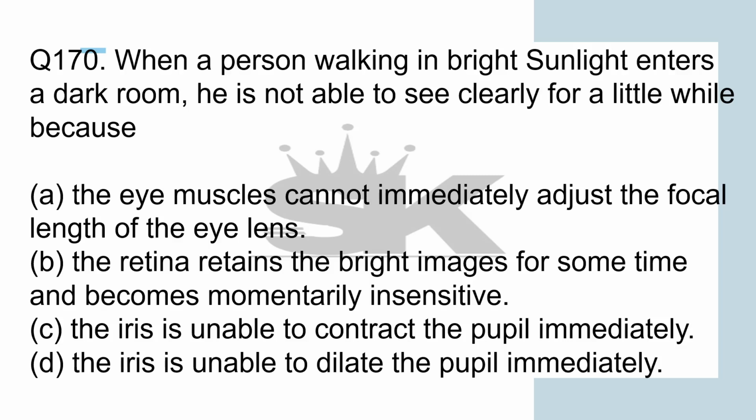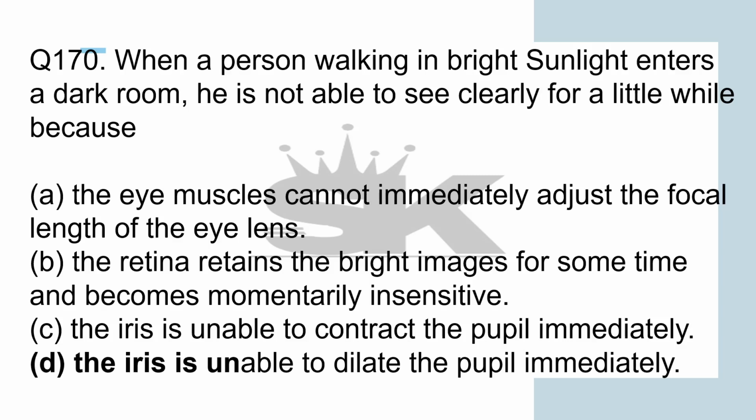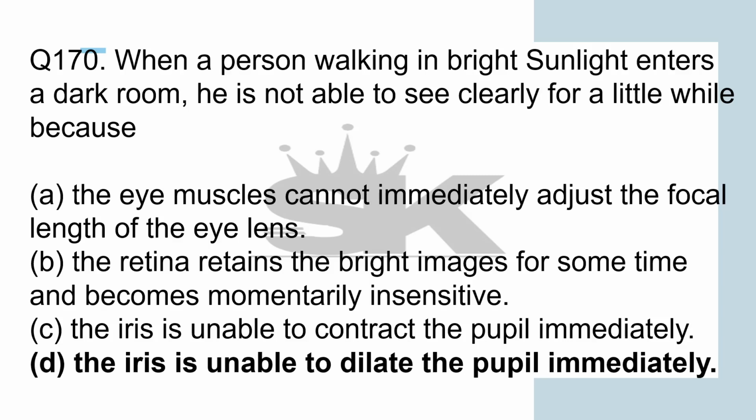After a short time, the pupil of our eye expands and becomes large. More light then enters our eye and we can see clearly. So here the answer is option D. The iris is unable to dilate the pupil immediately.